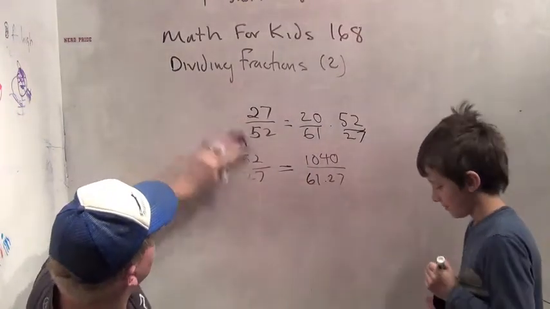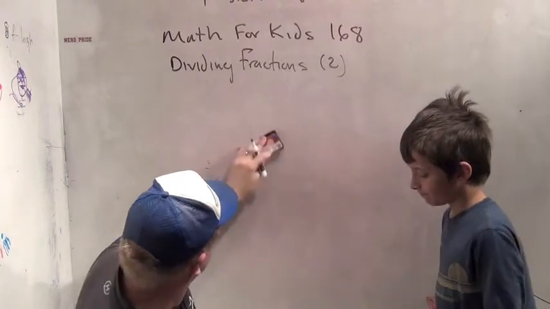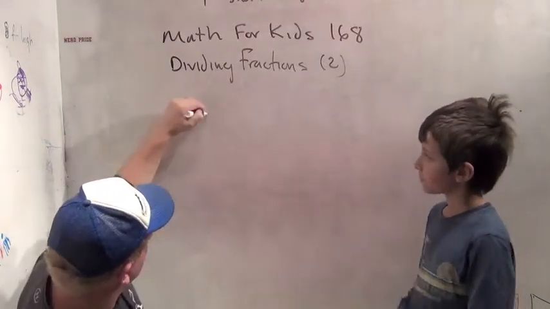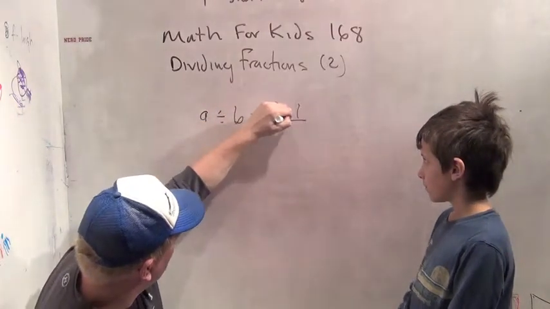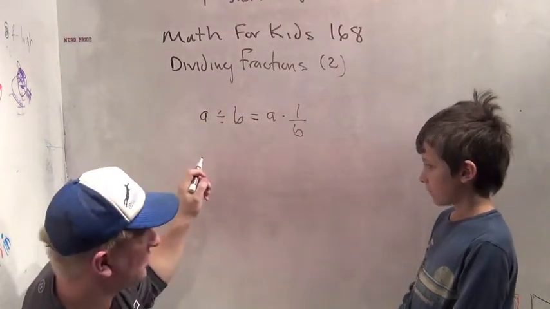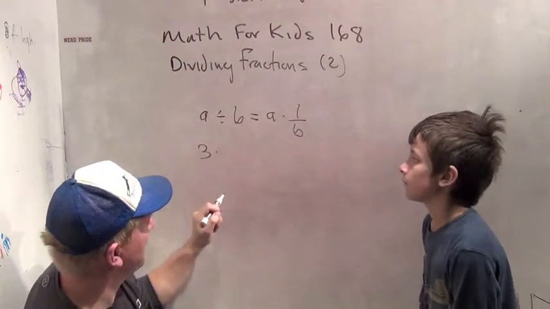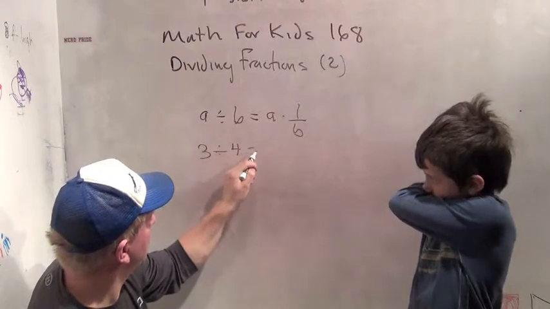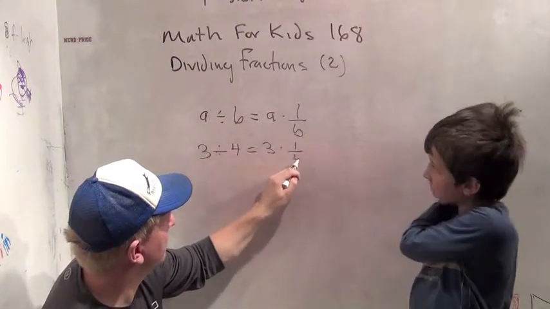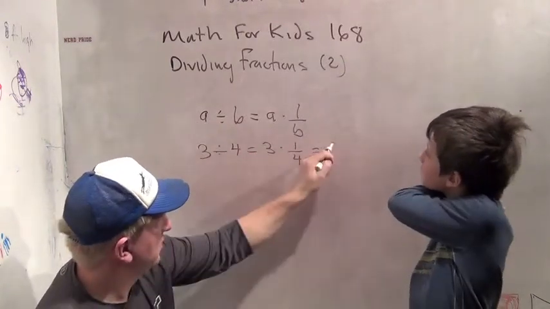Okay, so the general idea, just reviewing, is for any two numbers, A divided by B is A times 1 over B. For regular integers, we're totally happy about this. 3 divided by 4, we just say is 3 times 1/4, which equals 3/4.